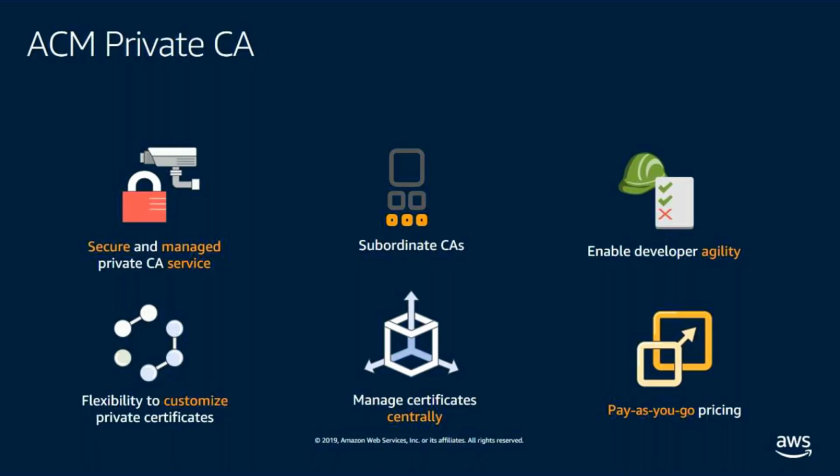ACM Private CA has access controls, auditing, and logging built in, and you can control the administrative policies for the CA without operating the infrastructure yourself. You can automate certificate creation and distribution with APIs and deploy private certificates programmatically. You can also use the certificate manager to centrally manage public and private certificates from one place. With subordinate CAs, you could chain your private CA up to an existing root or parent CA in your existing infrastructure.